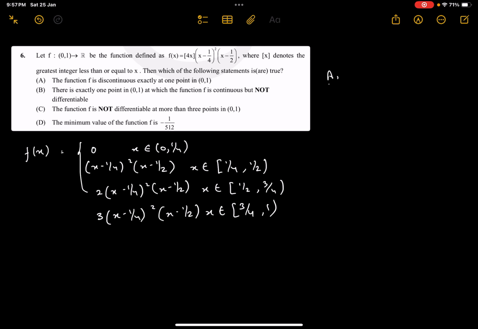The right hand derivative would be from this function, but the polynomial x minus 1 by 4 is squared, so 1 by 4 is a repeated root of this polynomial, so the derivative at 1 by 4 would be 0. So the right hand derivative and left hand derivative are equal, so the function is differentiable.